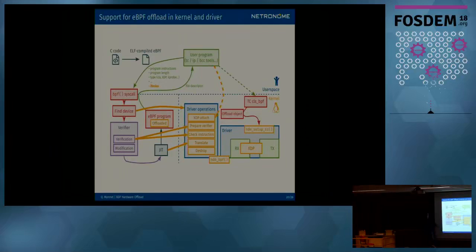And all of this makes it rather easy to offload, to get the programs in the correct shape to run them on the card. So once we have our program checked and verified and JIT compiled, we can call TC again.